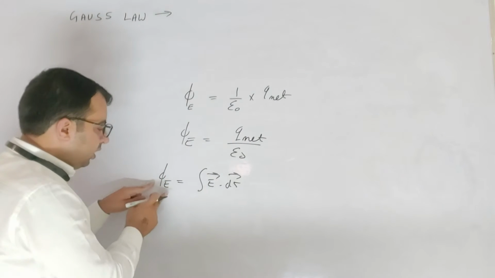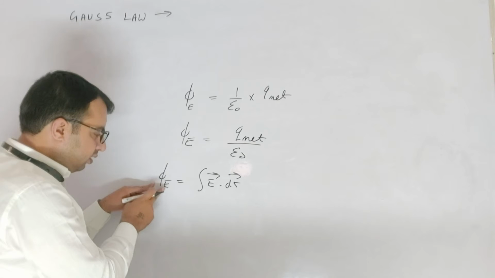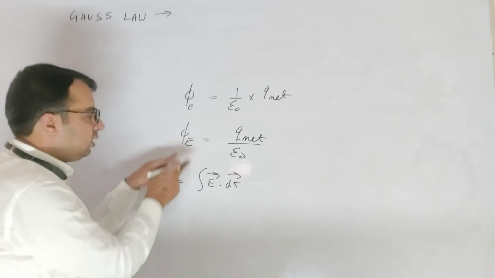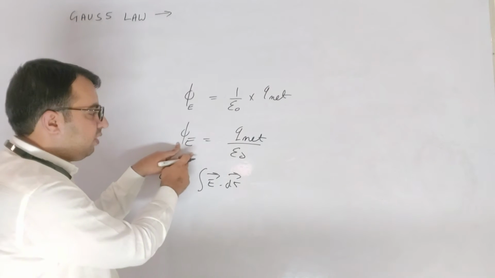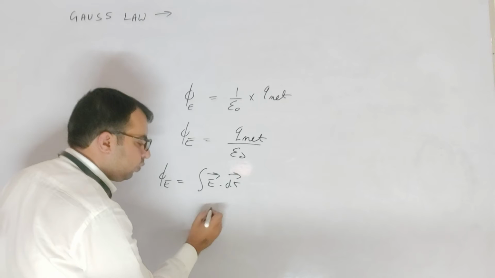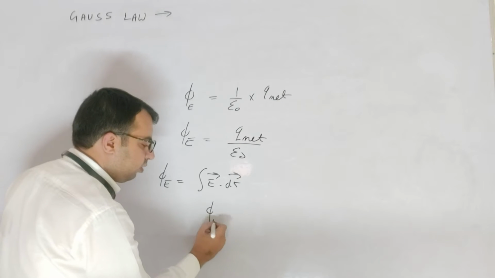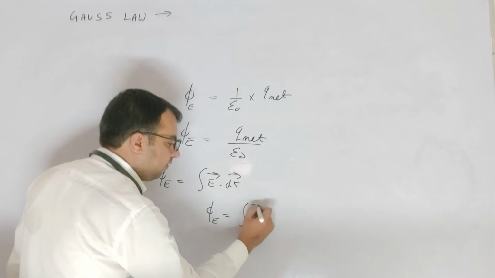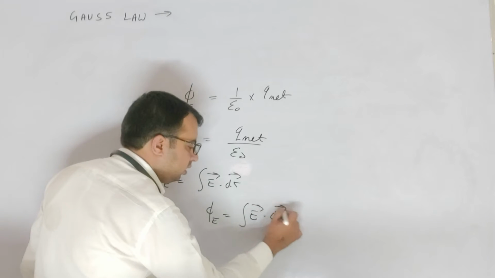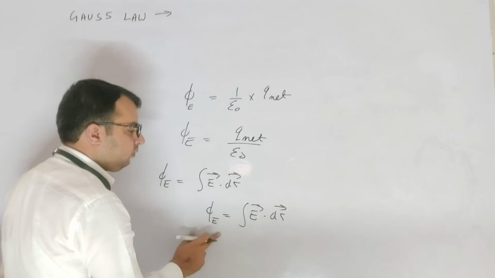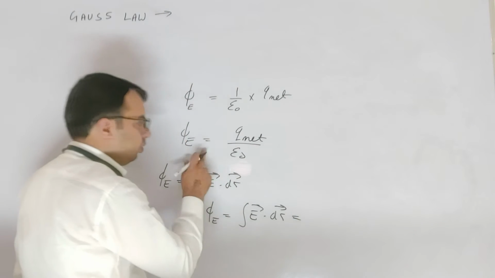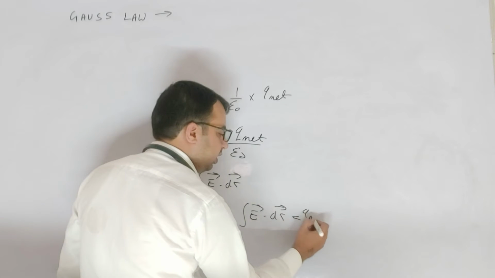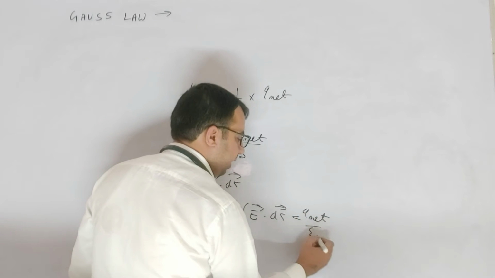So what equation will I get? In place of phi e, I write the integral of E vector dot ds vector is equal to Q net upon epsilon naught.